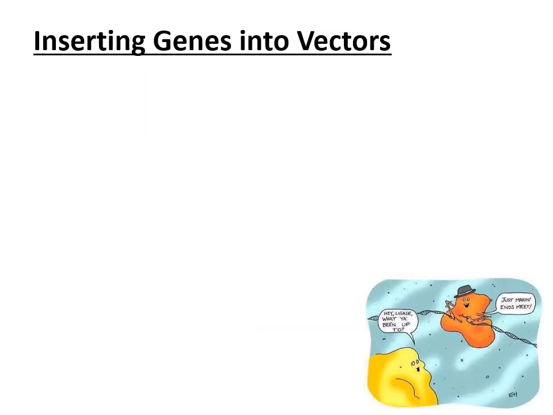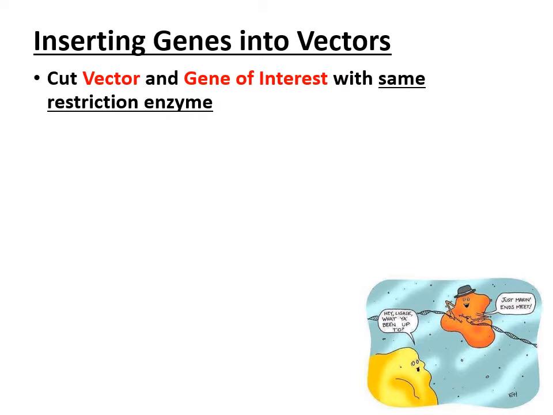So now we get to inserting genes into vectors, which we've basically been talking about so far, but I want to give you some general rules about doing this. What you want to do in molecular cloning is cut that plasmid and then cut the gene of interest with the same restriction enzyme.